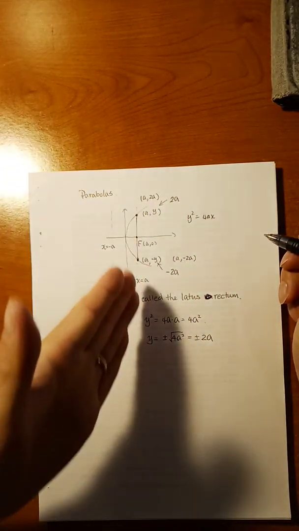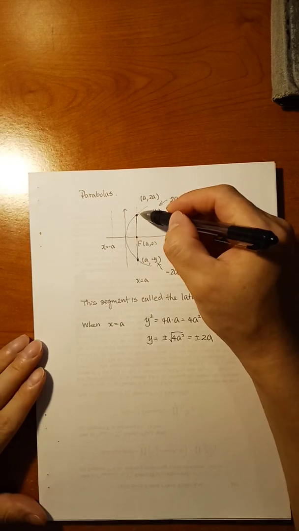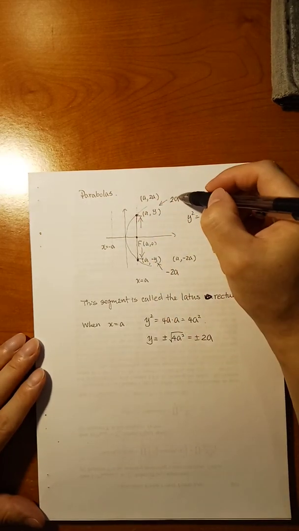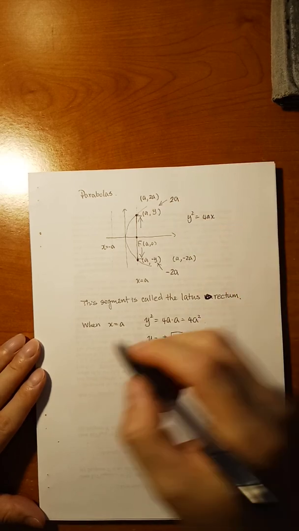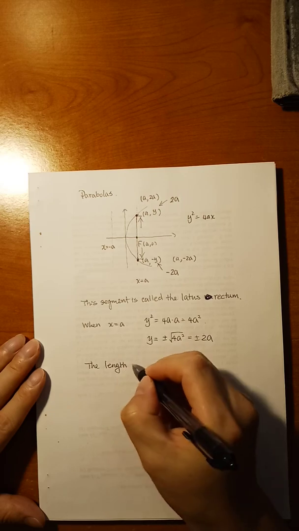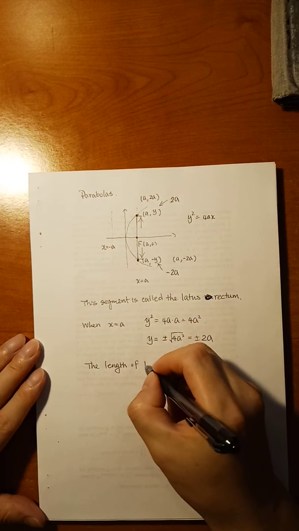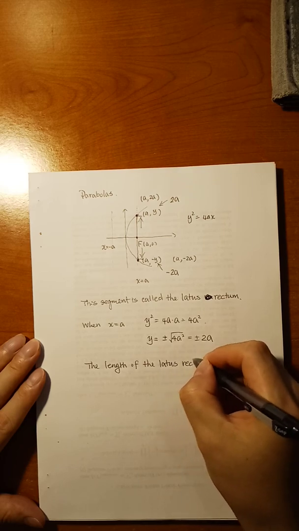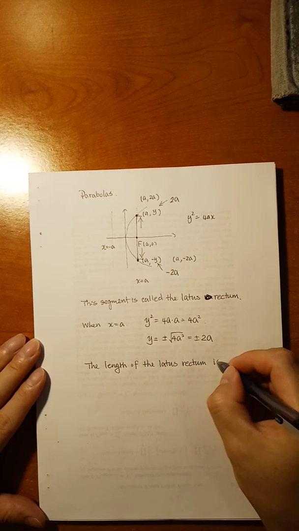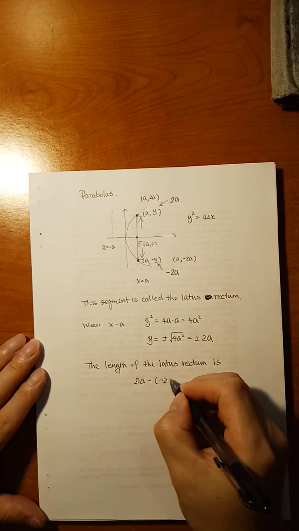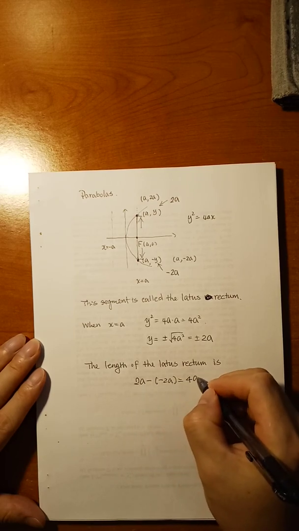They belong to the vertical line. So the length of this segment is the top coordinate minus the bottom coordinate. The length of the latus rectum is 2a minus -2a, which is equal to 4a.